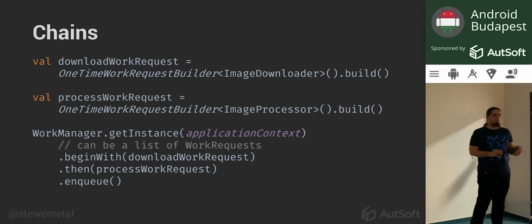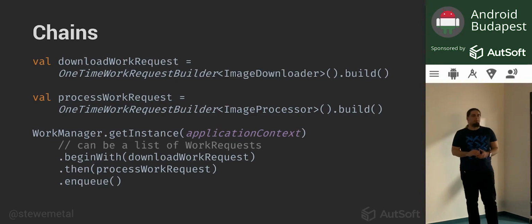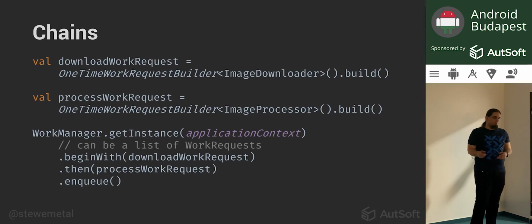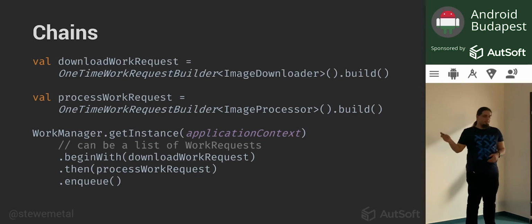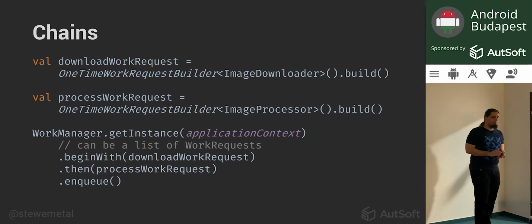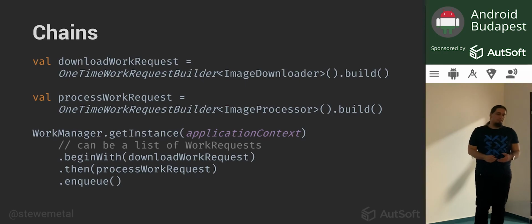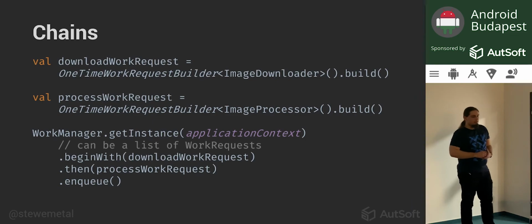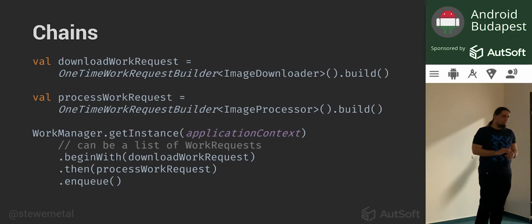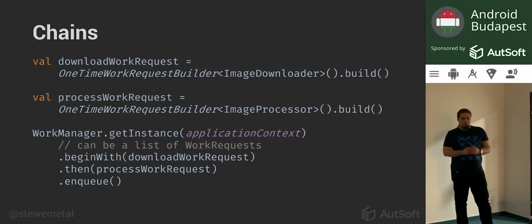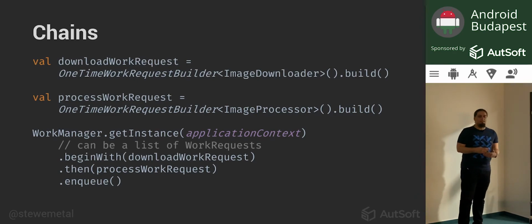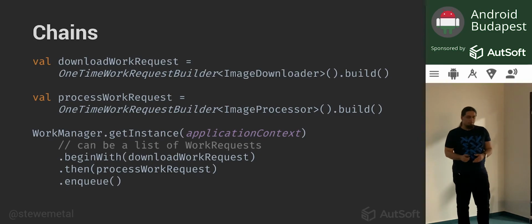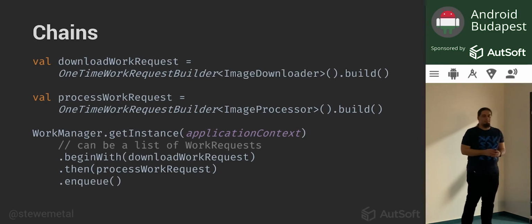So a chain can be created like this. You can start it with a begin with method, which actually accepts multiple work requests. And then you can call then as many times as you want on this Fluent API, and you can just put together a chain of works. The specialty of this is that works depending on each other will fail if their parent fails, basically.